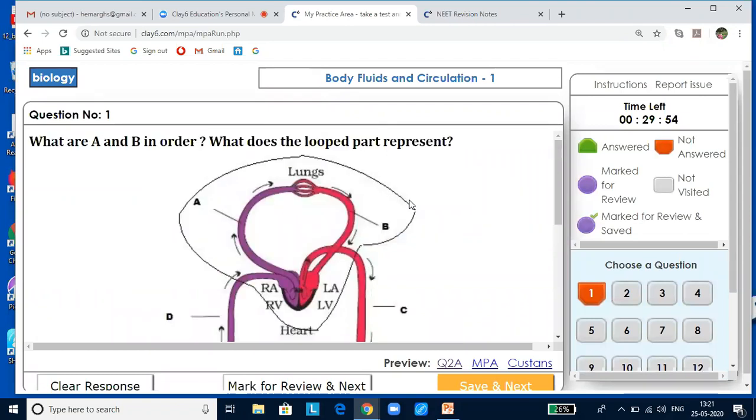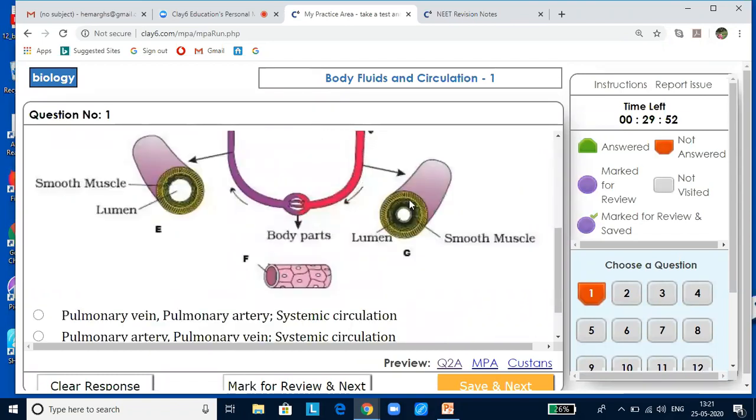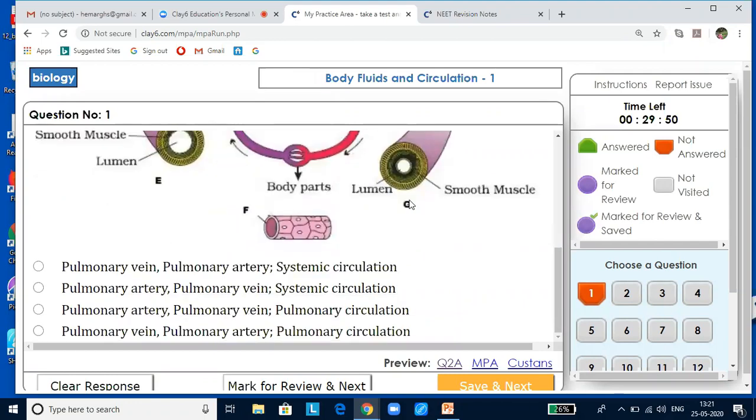What does the loop part represent? So, these diagrams are very, very important. If you look at it, it is pulmonary artery, pulmonary vein, and pulmonary circulation.